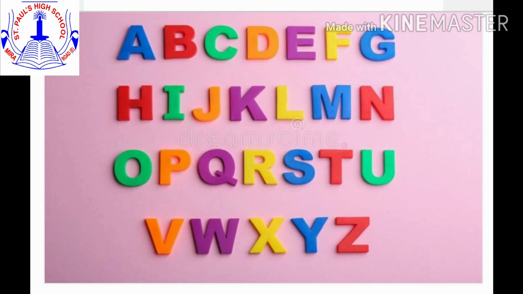Children, you have already learned English alphabets in senior KG. Just revise the alphabets along with me. A, B, C, D, E, F, G, H, I, J, K, L, M, N, O, P, Q, R, S, T, U, V, W, X, Y, and Z. Do you know how many alphabets are there in this picture?